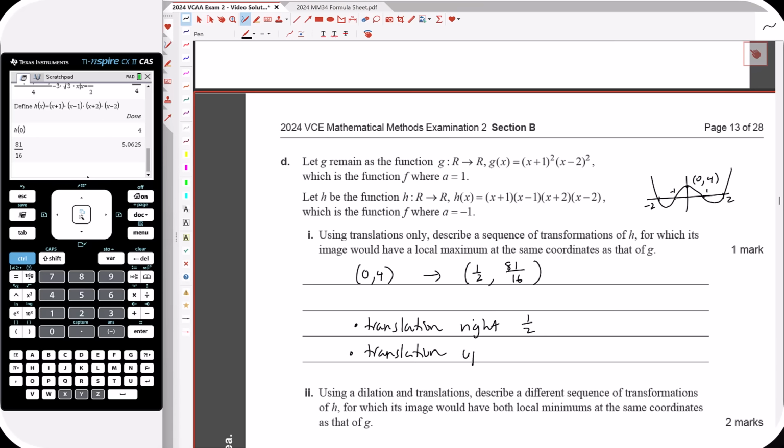Translation up by, okay, so let's work out that minus 4. Have I done that the wrong way around? So we're saying we're going to a point which is somewhere up here.